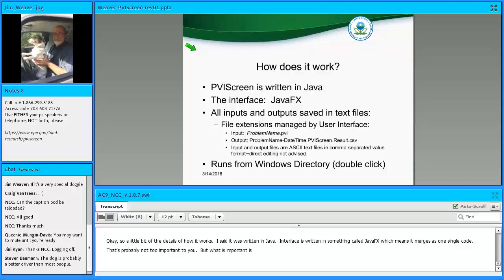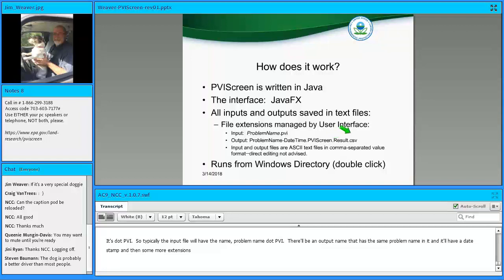Okay, so there's a special file extension for PVIScreen. It's .pvi. And so typically the input file will have the name, problem name, .pvi. Okay, there'll be an output name that has the same problem name in it, and it'll have a date stamp and then some more extensions.